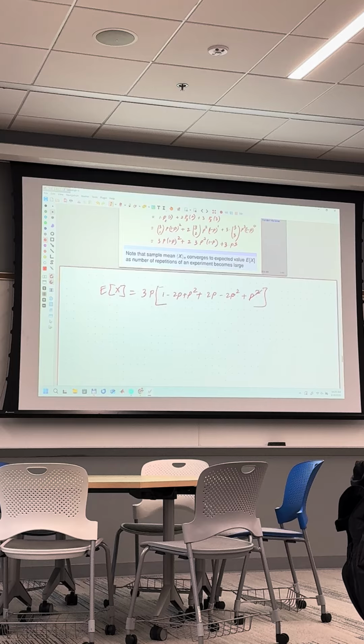So the 2p squared terms cancel, and plus 2p minus 2p disappears, you are left with 3p. So the expectation of x is 3p.